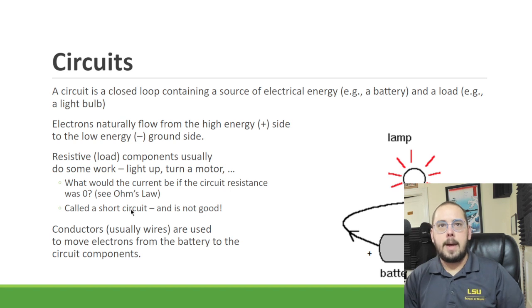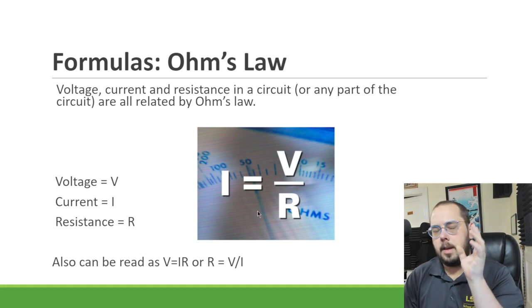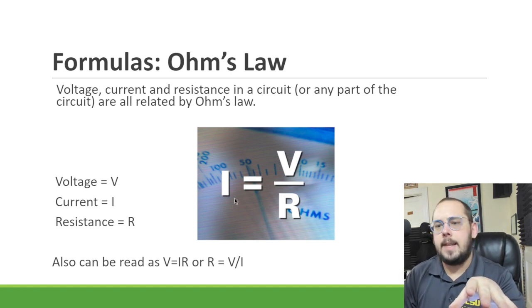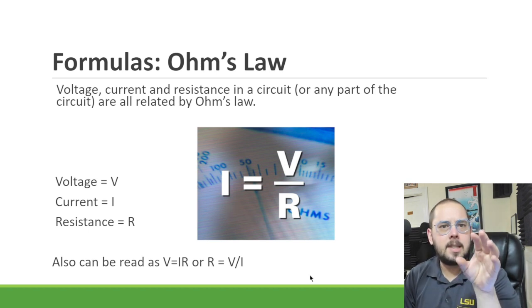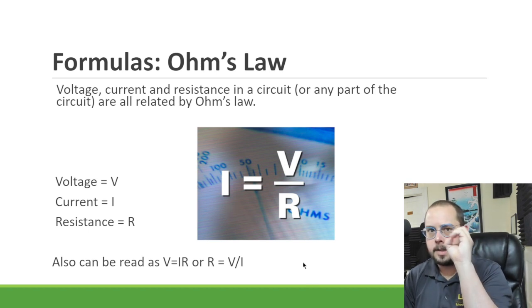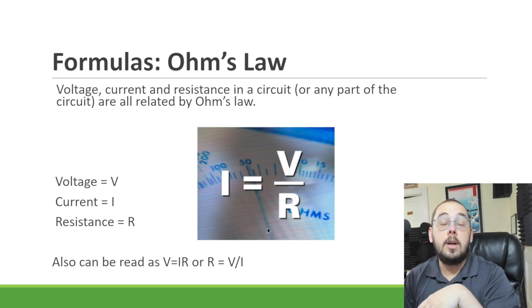So I want to go back real quick and discuss these bullet points. The bullet points that were just on that last slide proposed a question of, what if the resistance in a circuit was 0? I mentioned a little bit of this before. Well, if we look at this equation, the current is going to be equal to voltage divided by the resistance.